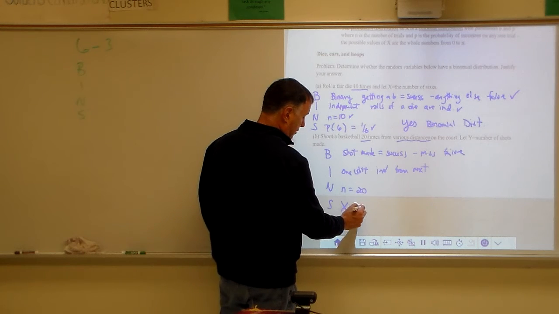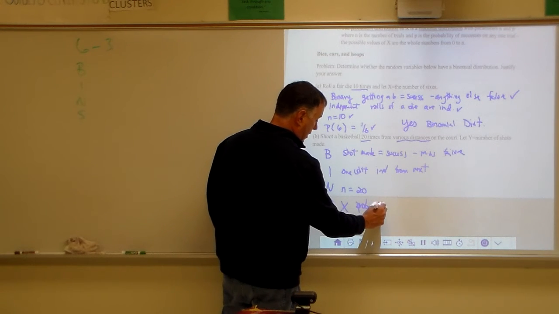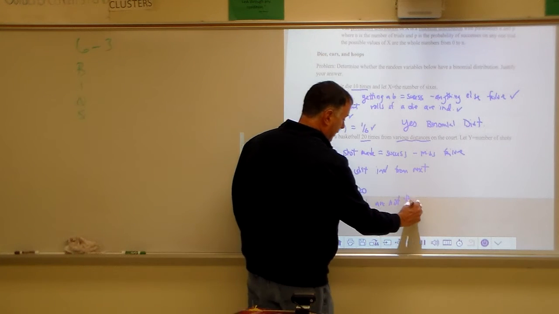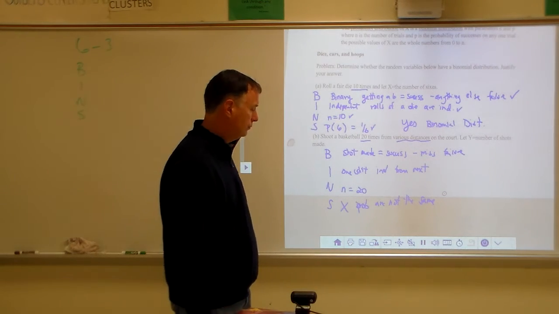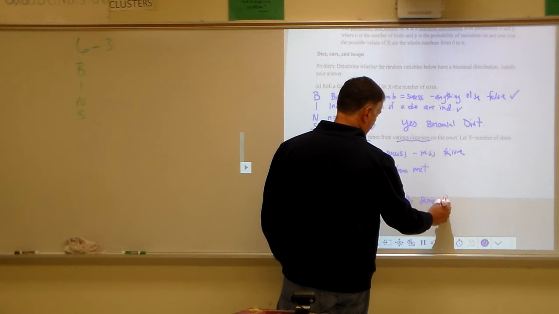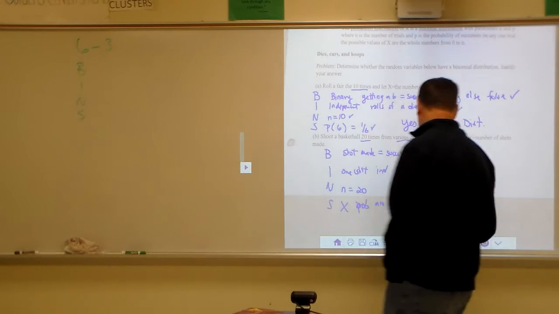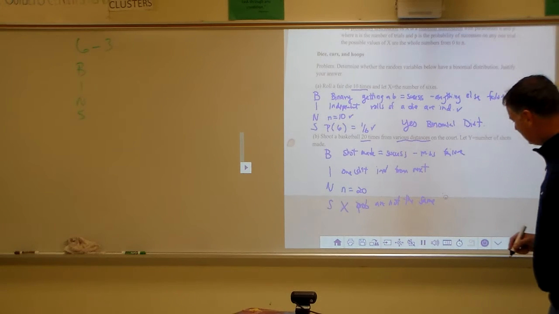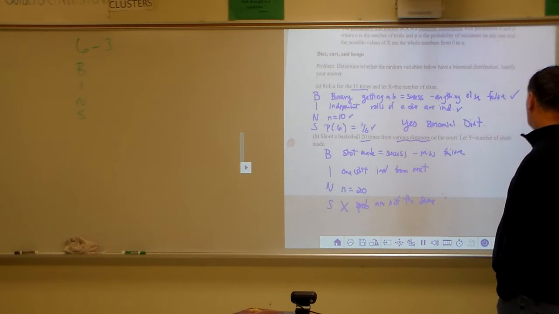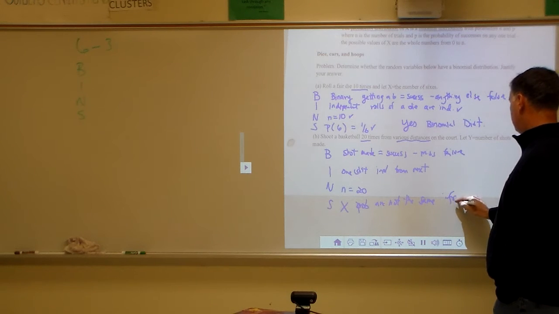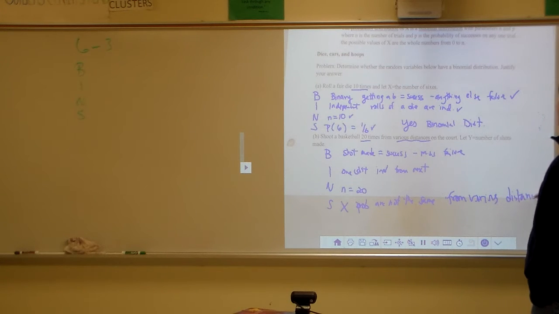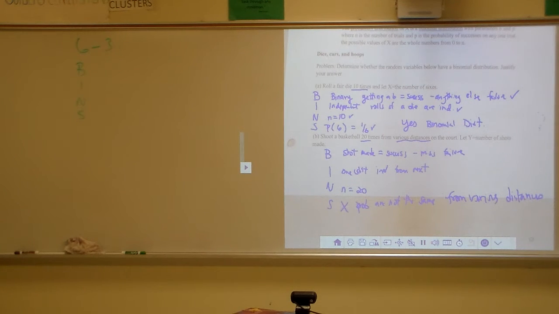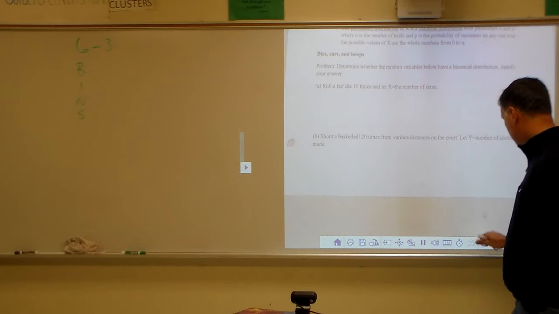The probabilities are not the same from various distances. Okay? Make sense? Okay, so those are two. I think there's one more on the next page, if I remember correctly. Let's figure that out.